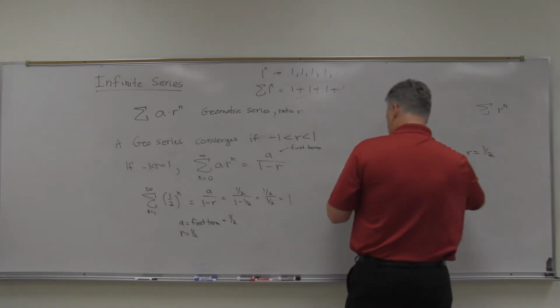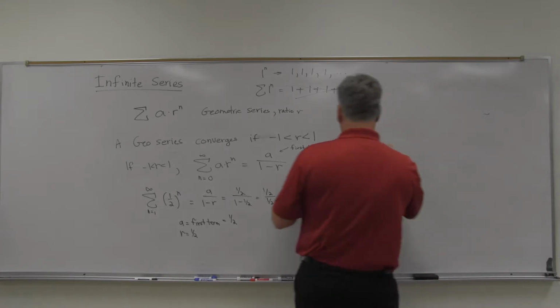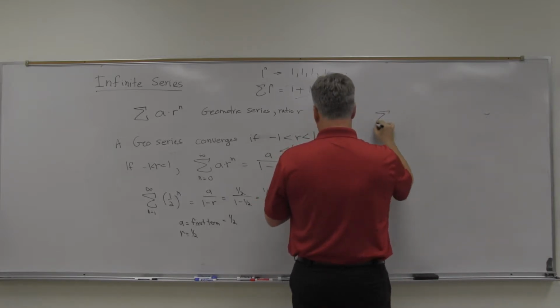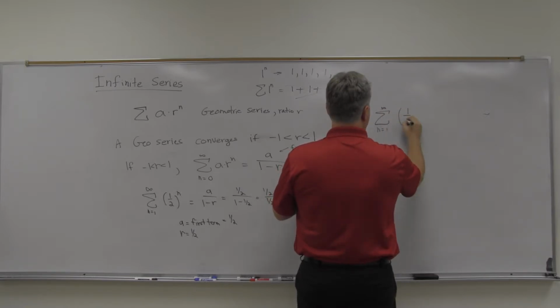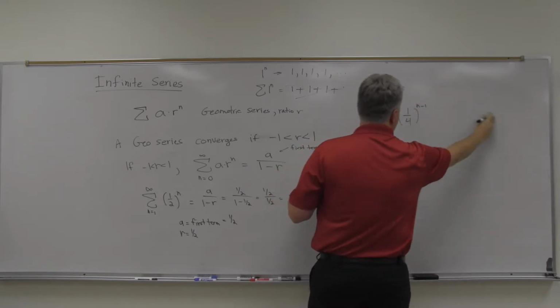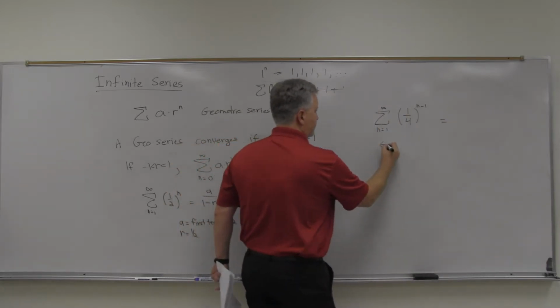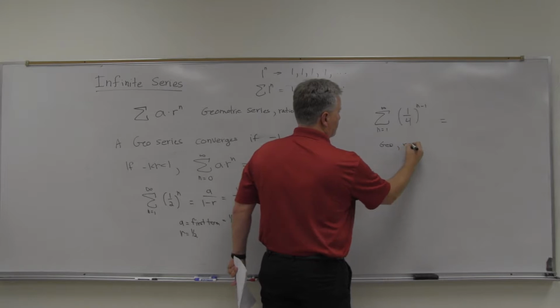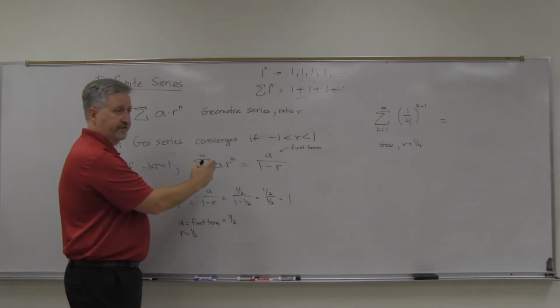What about this one? The sum from n equals 1 to infinity of 1 over 4 to the n minus 1. What does that equal? That's geometric, R equals 1/4, so it's in the parameters here, it converges.